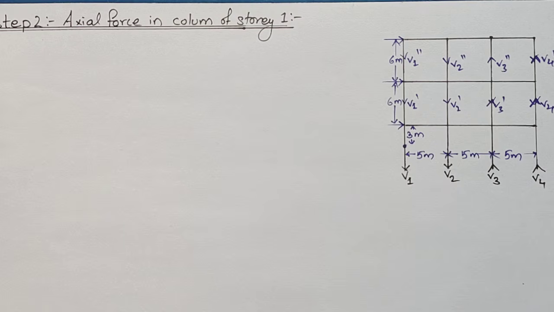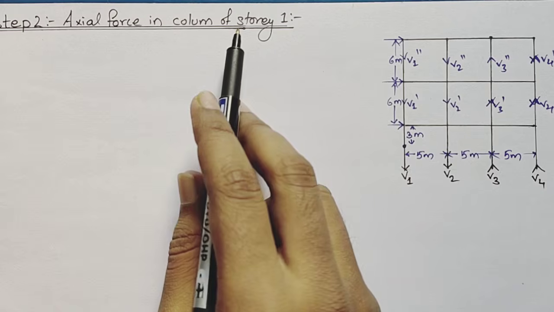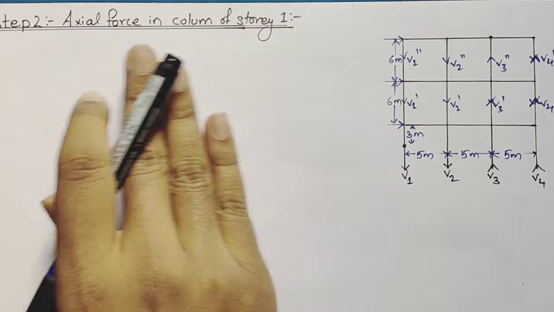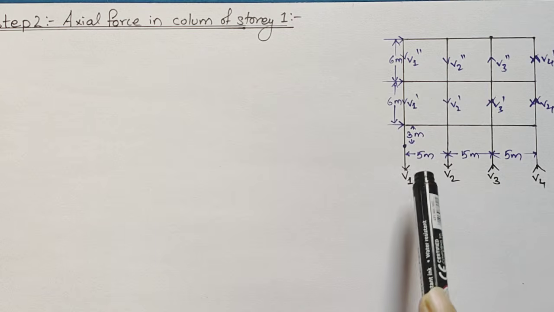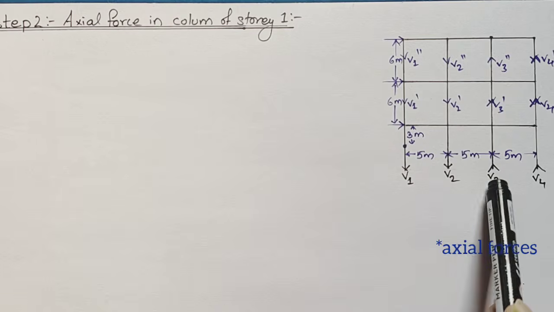So guys, here is step 2, and in step 2 we need to calculate the axial forces in the column of story 1. And how can we do this? See here. For calculating the axial force on the column of story 1, all the forces lying above the column first come into action, and I have denoted the direct stresses in each end column by naming V1, V2, V3, V4.